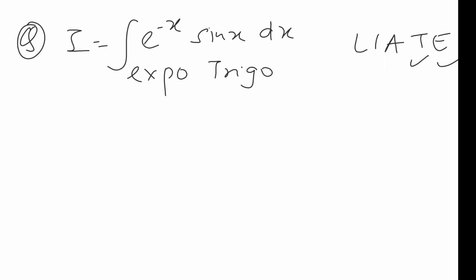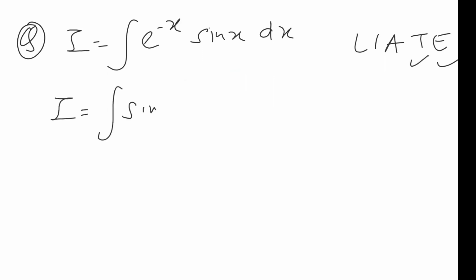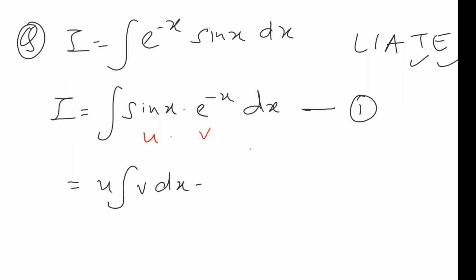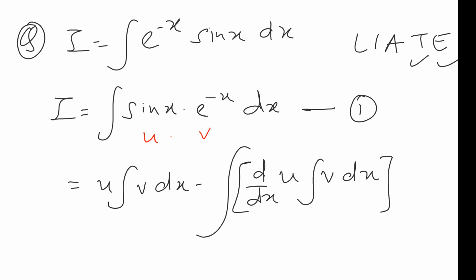So what we'll do is we'll interchange this, we'll reverse this. I is equal to sin x into e raised to minus x dx, and we'll make it equation number 1. So this is u and this is v. We'll use the formula u integration v dx minus bigger integration d by dx of u, integration v dx, bracket close dx.